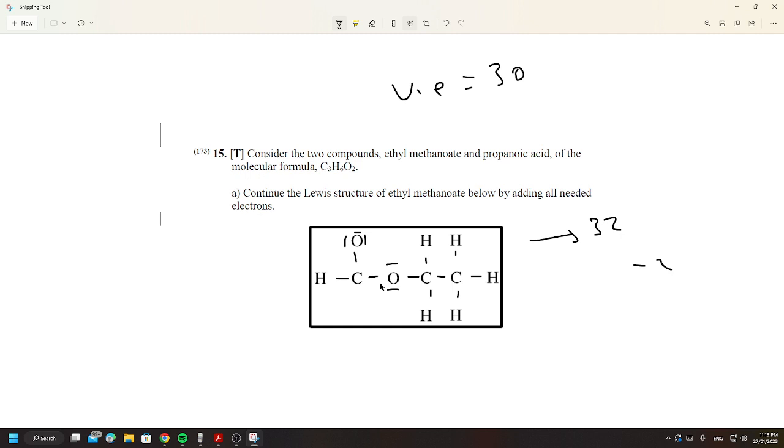Wait, no. Okay, I believe the Lewis dot structure would just look something like this.